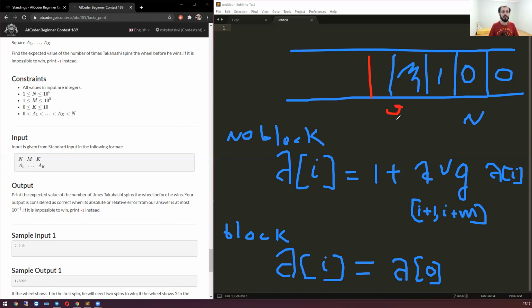You have a 1 out of m probability of returning to the beginning. So A_{i-1} is now 1 over m times A_0, plus 1, and then you have whatever is the average on the next m places. So that average is still here.